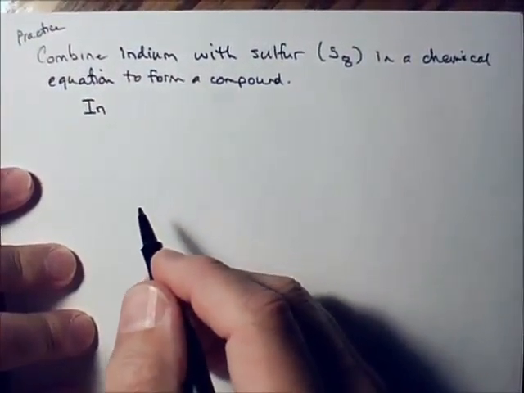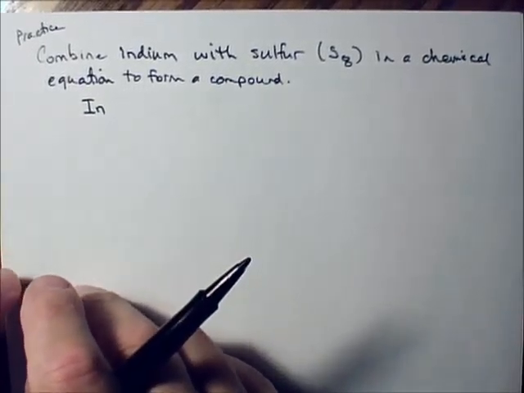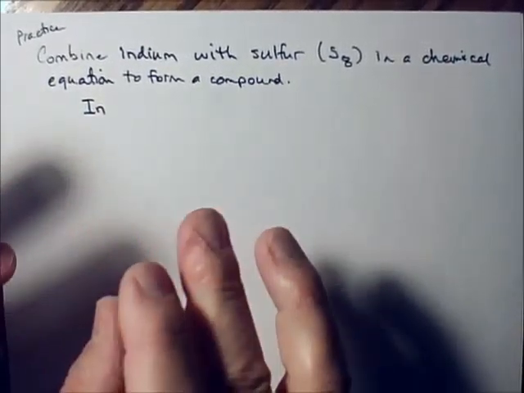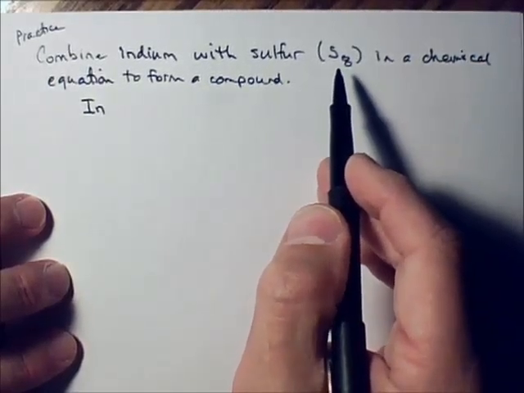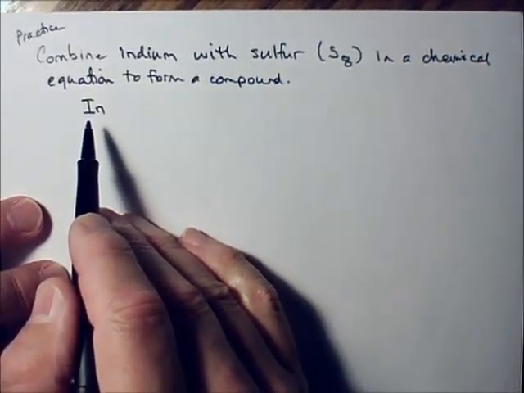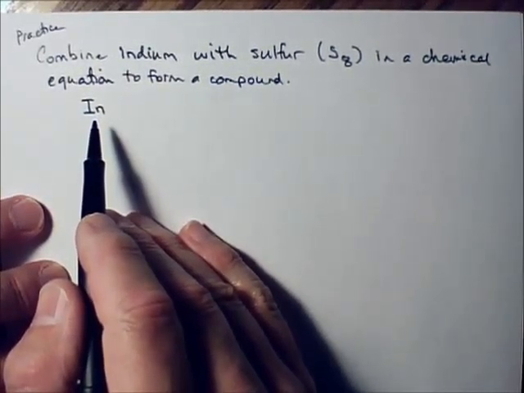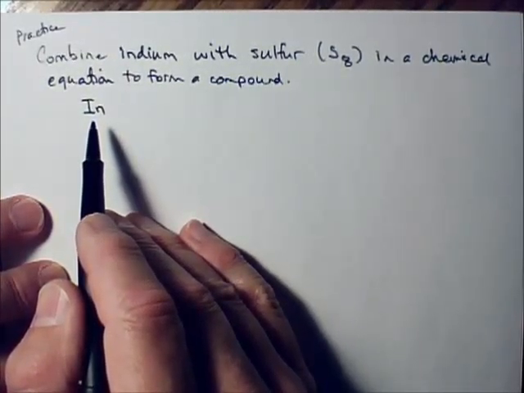Now, listen. An element that is by itself, uncombined, whether it's combined with itself 8 times like this, or indium, the metal that you don't combine with anything when you write it, it has a 0 charge. Okay?